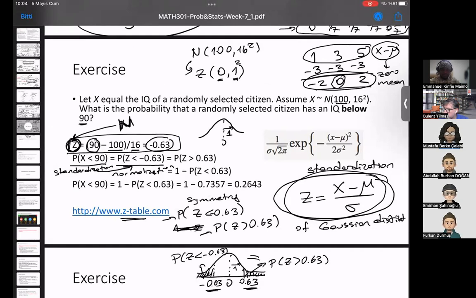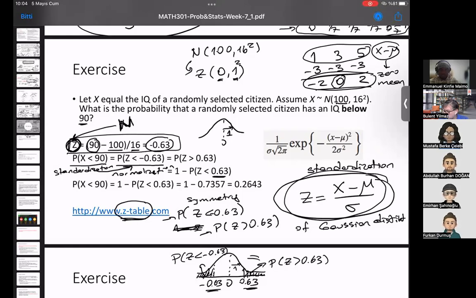And we use this 0.63 in my Z table. I go to the Z table and check the probability of obtaining a Z value less than or greater than 0.63. I check it from the Z table.